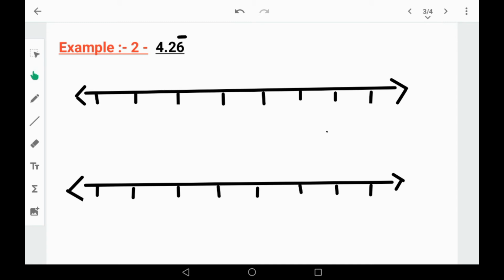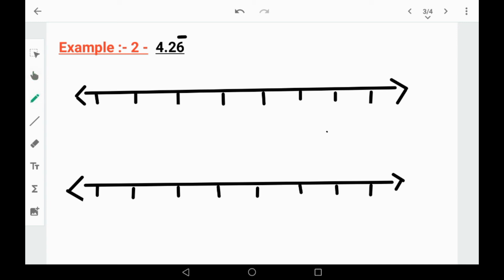Now I will tell you the second example, that is with bar. I took the bar only for 6 in this example. So in this case we have both a decimal point and a bar. How do we do this? I will show you now. I have taken a number line.